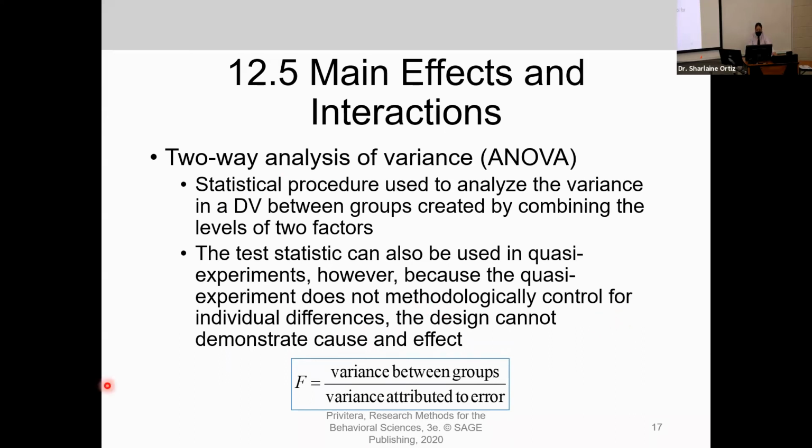Notice that when we are thinking about an ANOVA, I want you to think about the letter F, and we are going to look at what is the variance of that individual difference, right? In the numerator, we're going to have, okay, what are the differences that these individuals carry?